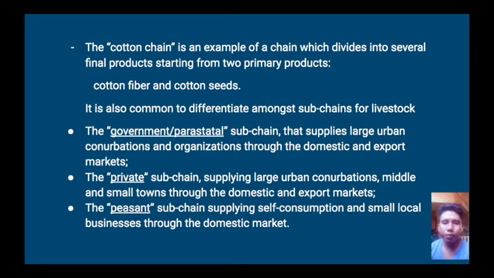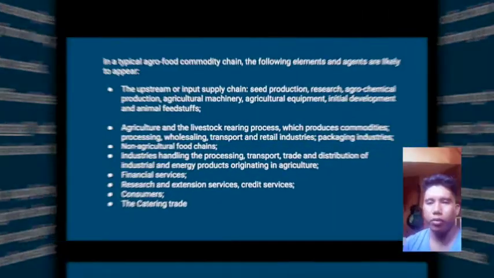For example, the government or parastatal subchain supplies the large urban conurbations through domestic and export markets, while the private subchains also supply large urban conurbations, and also middle and small towns, through domestic and exports. The peasant subchains only supply their own consumption and small local businesses through the domestic market.